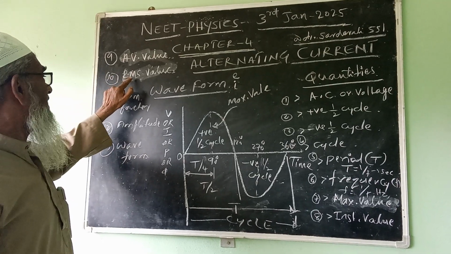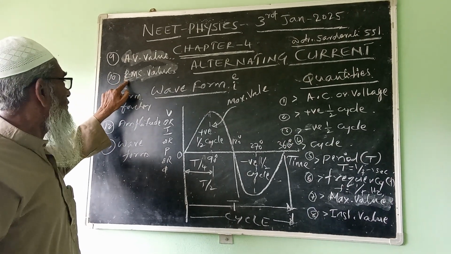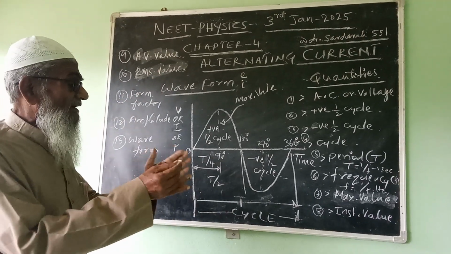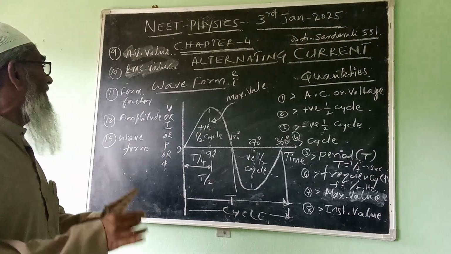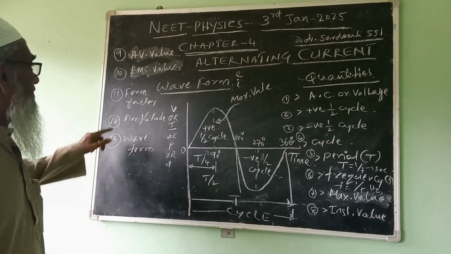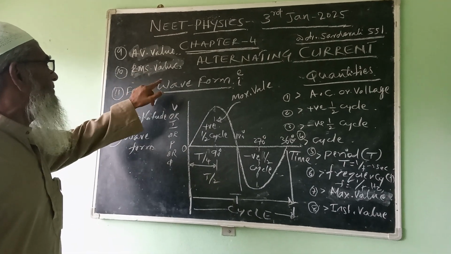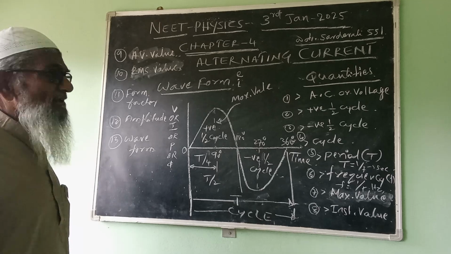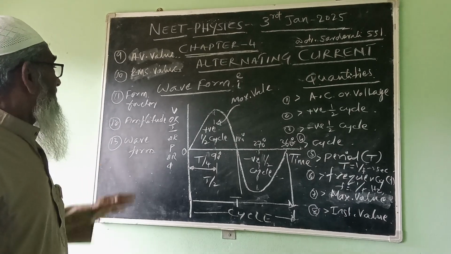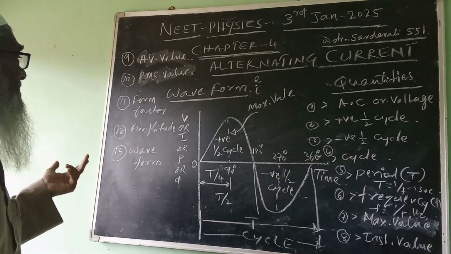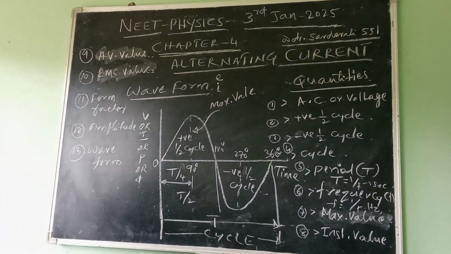It means root of, mean of, square of instantaneous values. The instantaneous value is the main thing that you have to remember. So the root of the mean of the squares of instantaneous values will be called the RMS value, or otherwise the effective value.